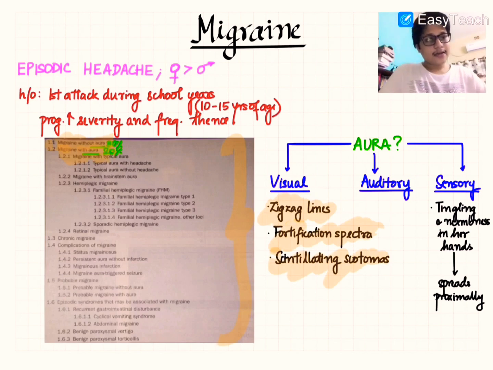And sensory auras may include tingling and numbness in the hands which spread proximally. Okay, an auditory aura means you're hearing a very low frequency buzz or things like that. So these are the different types of aura that you may get in migraine.